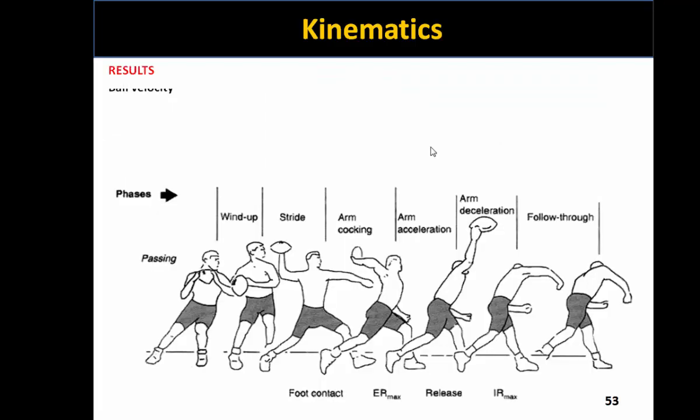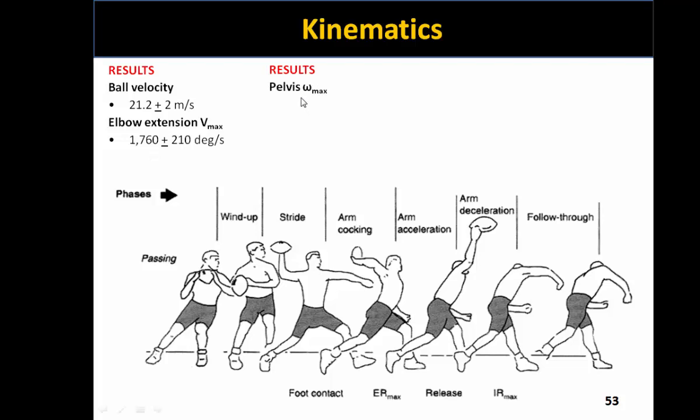In terms of what was observed, the average ball velocity at release was slightly over 20 meters per second. The maximum velocity of elbow extension, from the cocked phase into arm acceleration and deceleration, was on average over 1700 degrees per second, so it's a fairly fast movement.